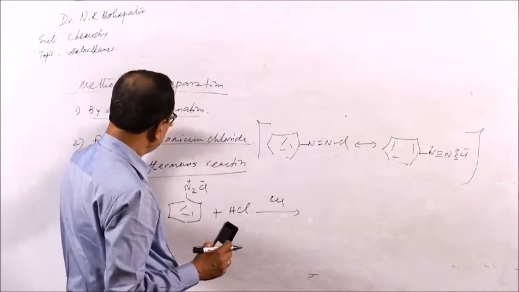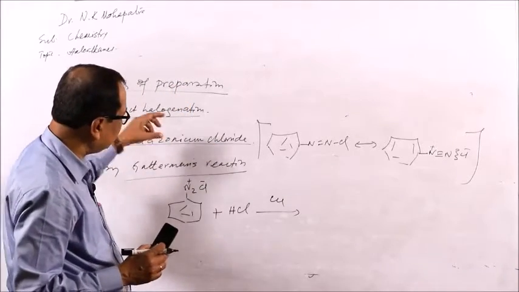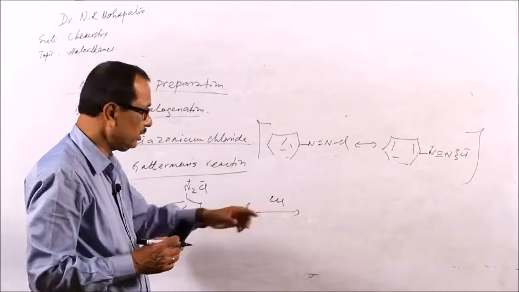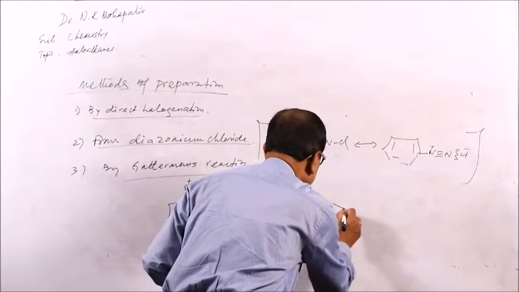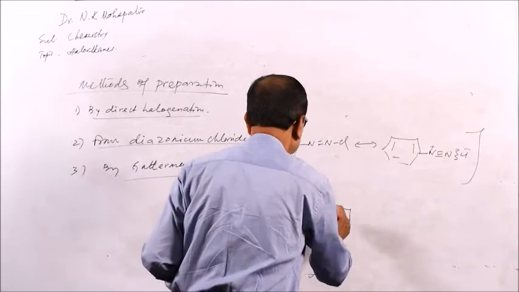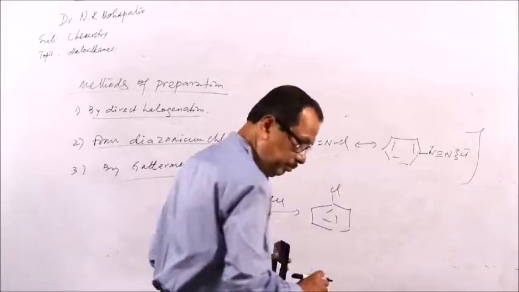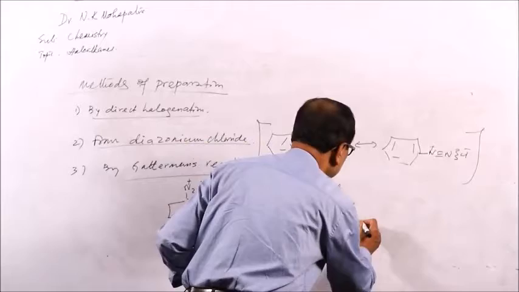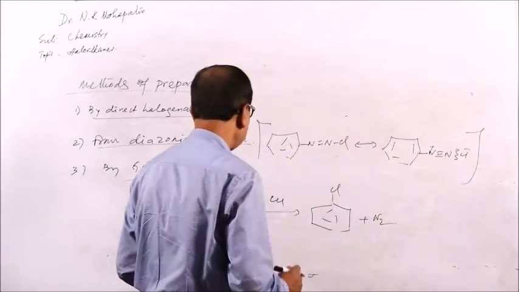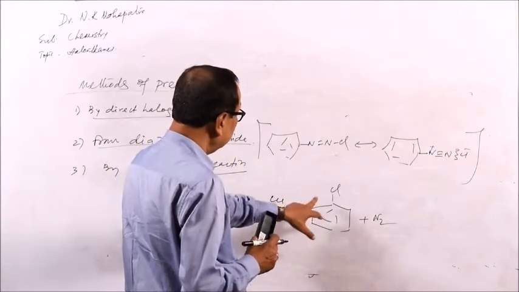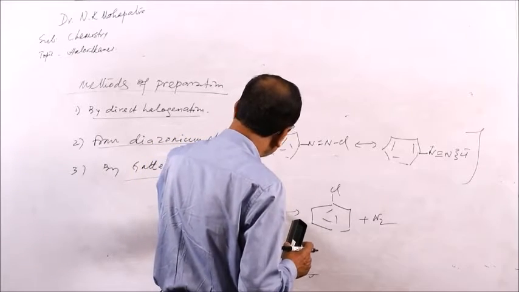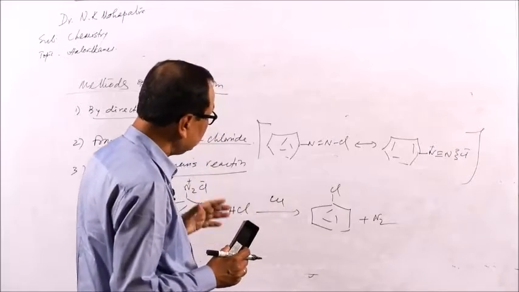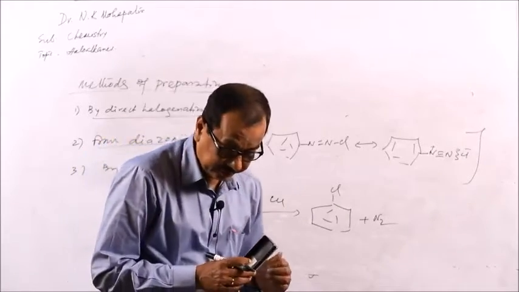Mark the difference: in Sandmeyer's reaction it is cuprous chloride, but if you simply change cuprous chloride to metallic copper, the reaction is called Gattermann's reaction. Here copper is taken in place of cuprous chloride. It is simply a modification of Sandmeyer's reaction.